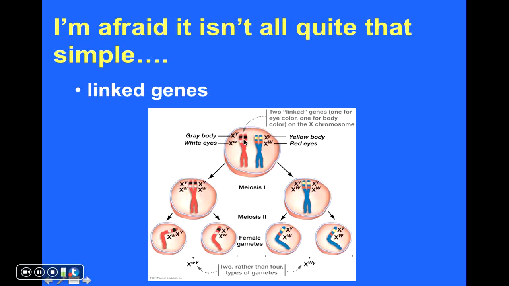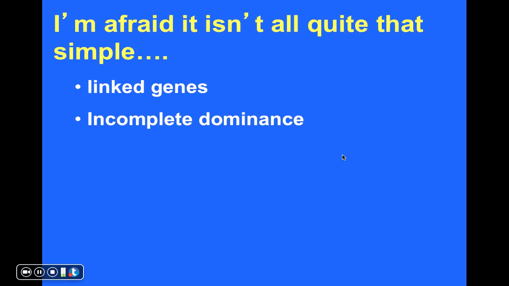It turns out if you're dealing with linked genes, we're talking about genes that are found next to each other on the same chromosome that could produce different types of ratios than what Mendel observed. And of course, if he happened to choose traits that dealt with linked genes, that might have really made it difficult for him to explain those results and come up with our basic understanding of genetics. So linked genes can confuse things a bit because, again, they don't follow typical predicted Mendelian ratios.